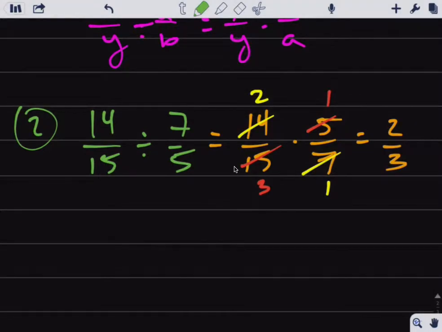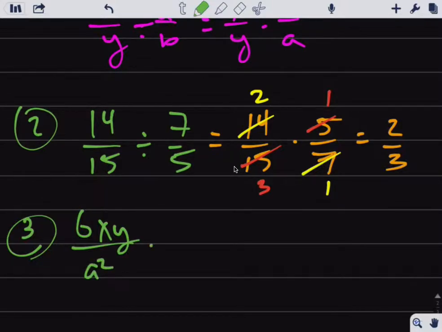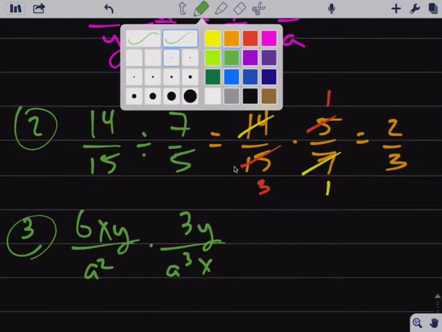Looking at another one, I have 6xy over a squared divided by 3y over a cubed x.